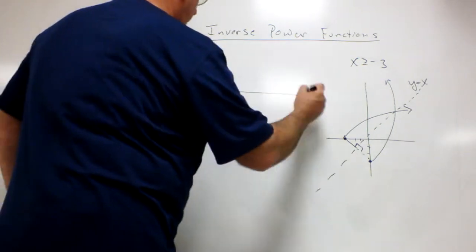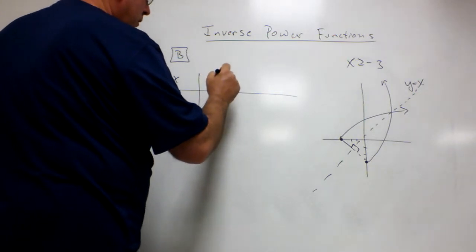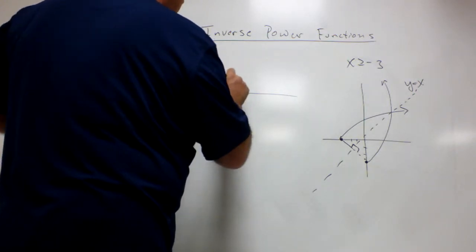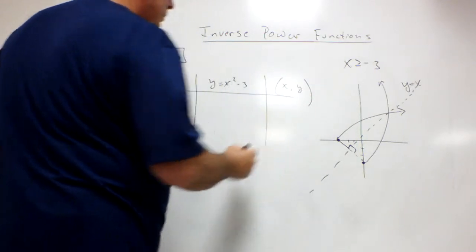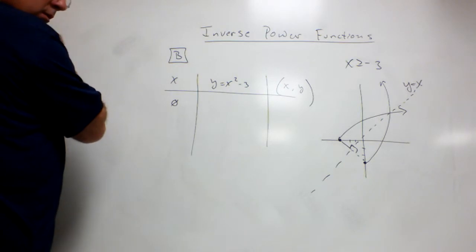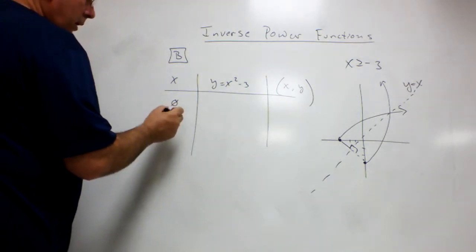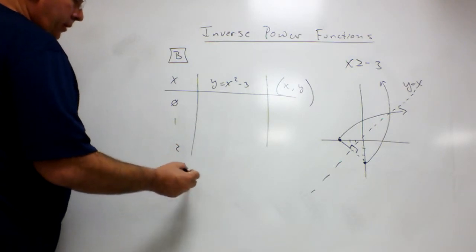And we want to make a table of values. And so we are going to start at 0, and we're going to go up 1, 2, and 3.